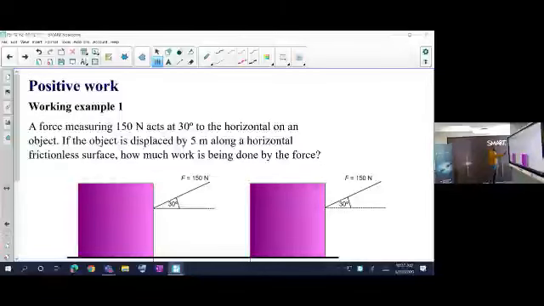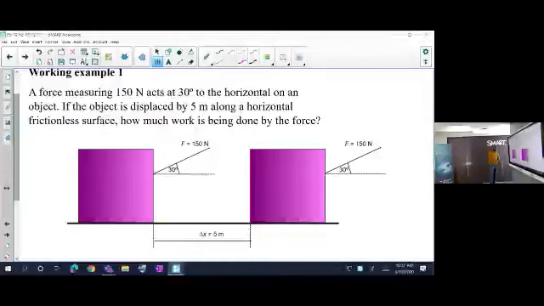Okay, I will do it for you. If you can just look at that, we have an angle, a force, and a distance. The object moved from here to there. The distance covered is 5 meters. This is the information that you need when you want to approach this.